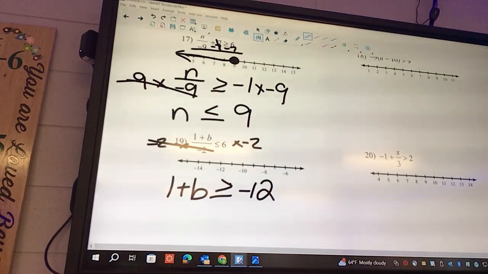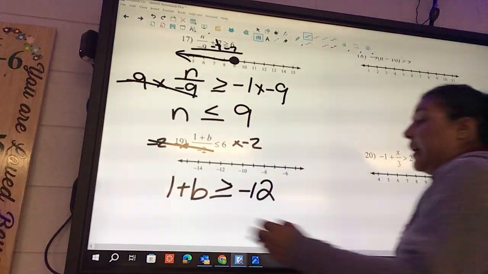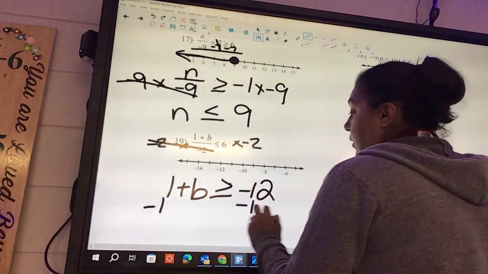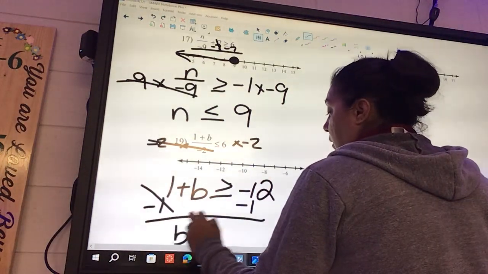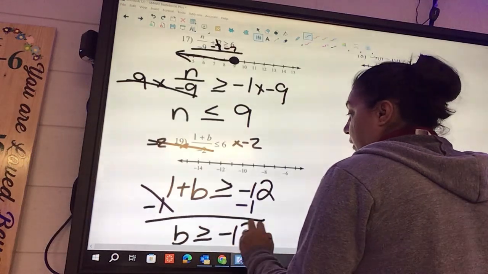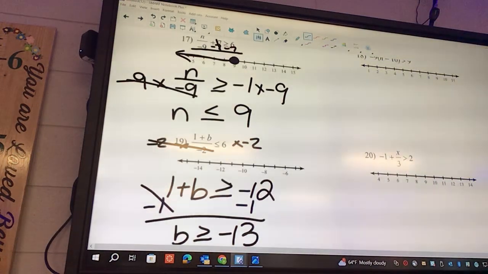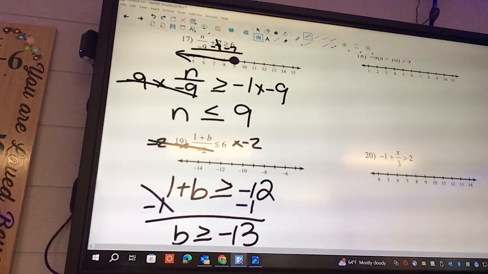Okay, and then what needs to happen? The 1, so we're gonna say minus 1, minus 1. So we're gonna get negative 13. Again, I don't wanna say use some common sense, but really use some common sense, okay?